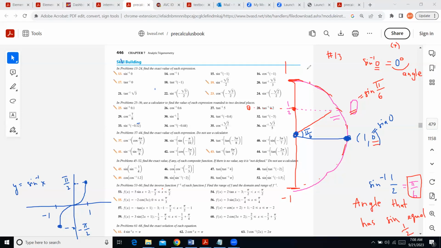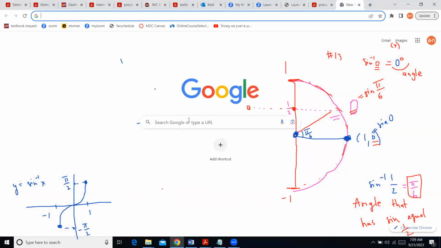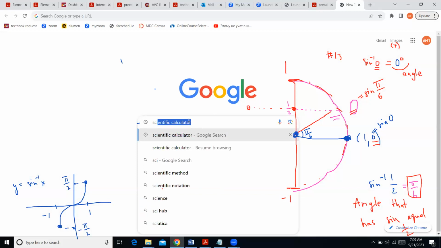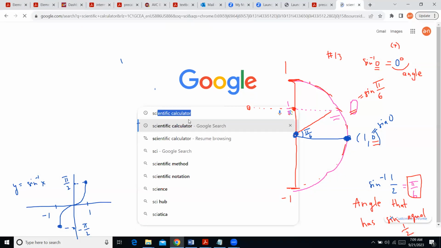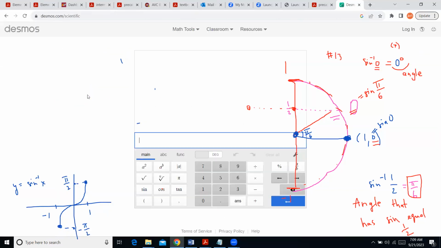I say, Alex, could you just put this in a calculator? Could you just get your favorite scientific calculator and produce the answers? This could be one of the ways, but if the angle is pi over 6, like in the previous little example, then it's definitely not going to give you pi over 6.